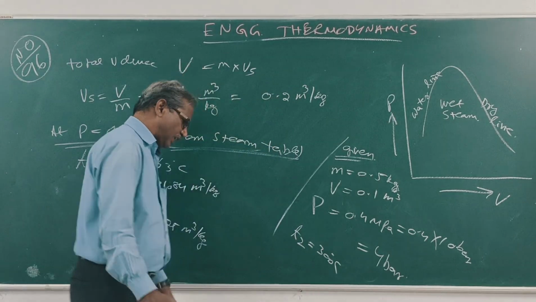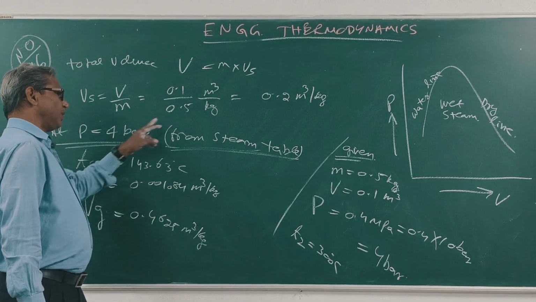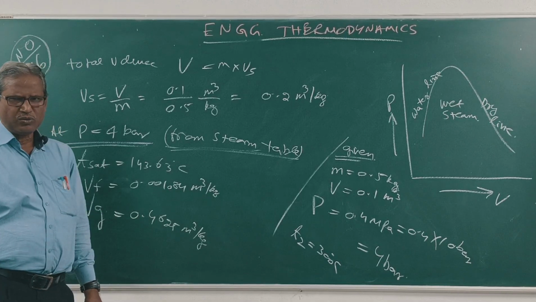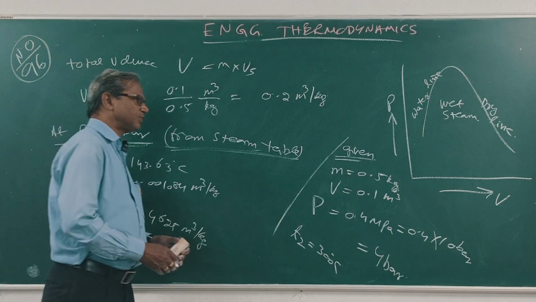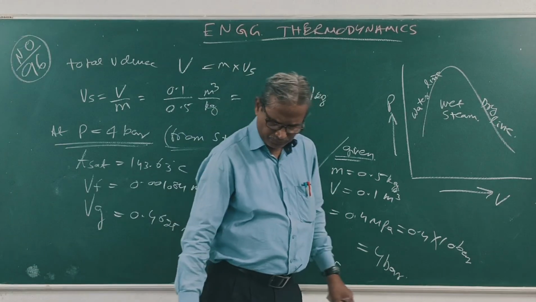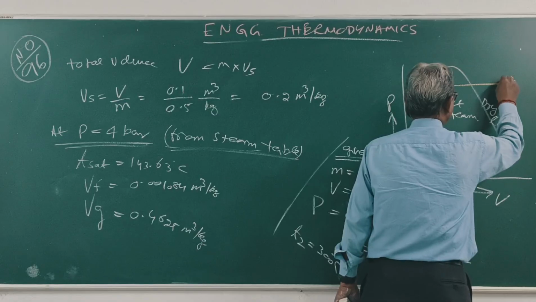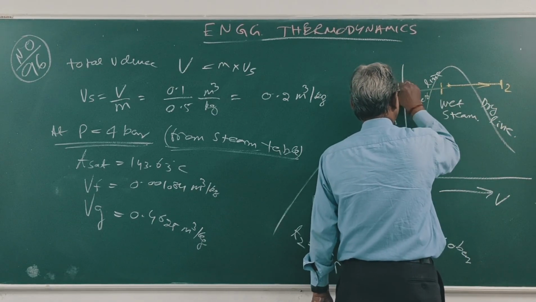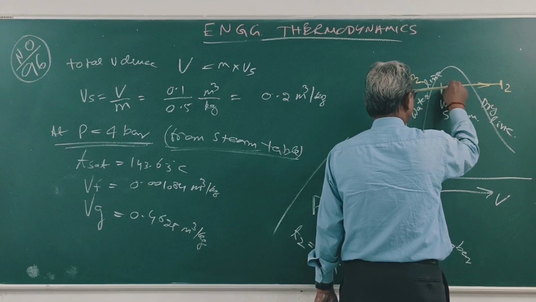First find out the dryness fraction. Total specific volume v is 0.2 meter cube per kg, between vf and vg. At constant pressure, P1 is equal to P2.